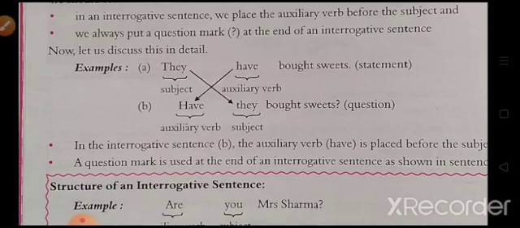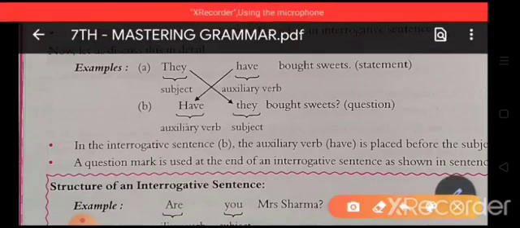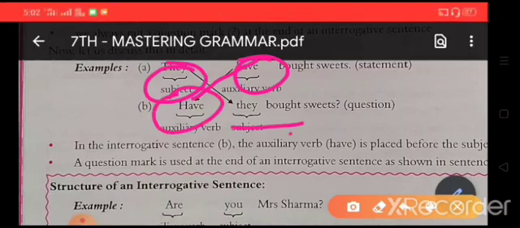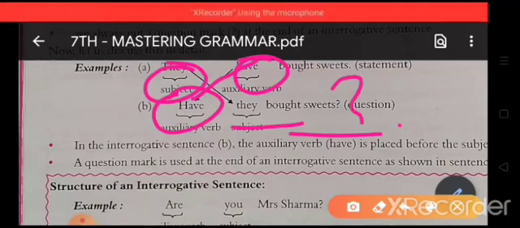This is the statement, and here we can see they is the subject and have is an auxiliary verb. And when we make the interrogative sentence, the have comes forward, they after that, and bought some sweets, and after that the question mark.